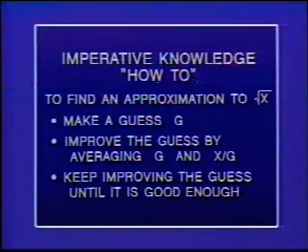This, in fact, also comes from Egypt, not ancient Egypt. This is an algorithm due to Heron of Alexandria called How to Find a Square Root by Successive Averaging.